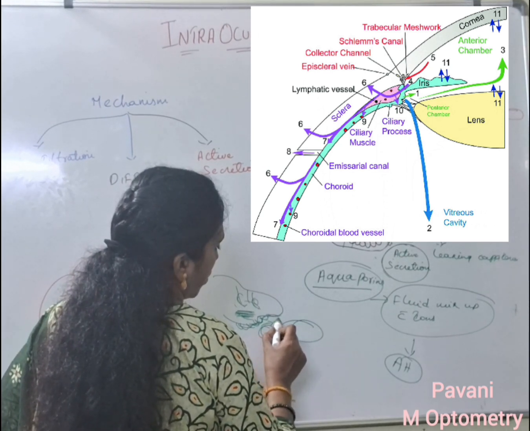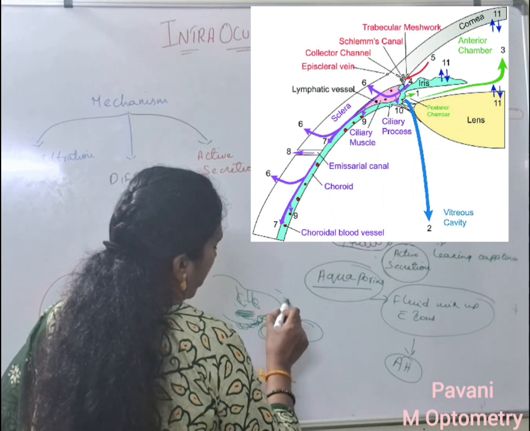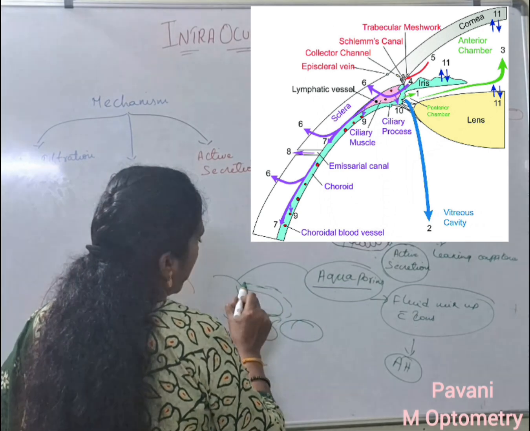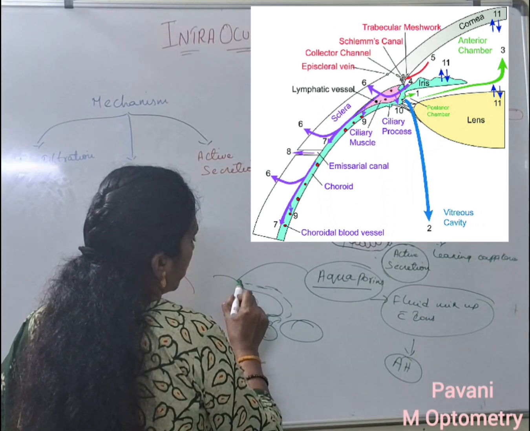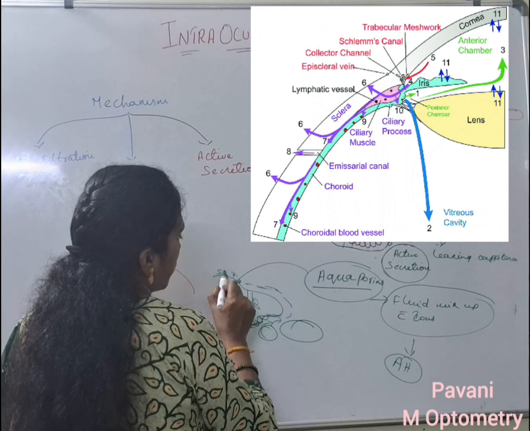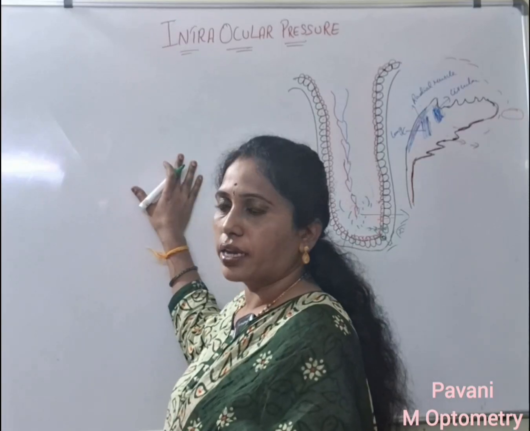This aqueous humor from the posterior chamber will enter the anterior chamber. Here it gets circulated and then it is drained from the iridocorneal junction to the trabecular meshwork, Schlemm's canal, to the episcleral veins.